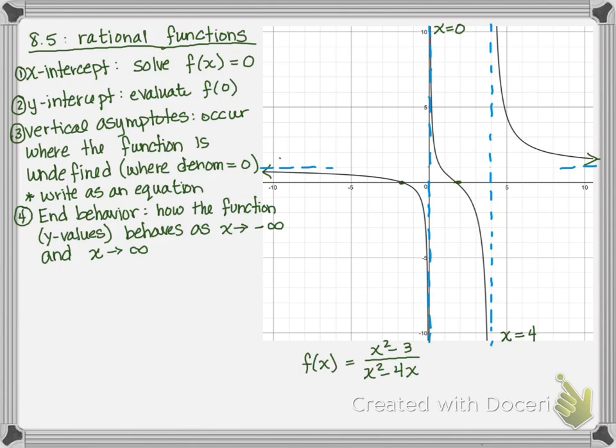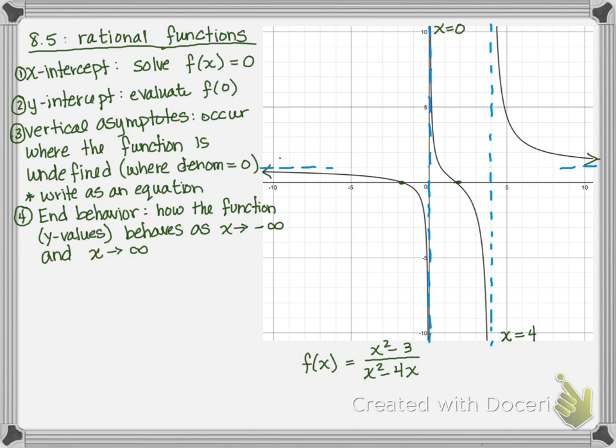And at x equals 0, it goes all the way up to positive infinity. So giving the range doesn't give me an idea of what happens on the ends. If I just told you the range is negative infinity to positive infinity, we wouldn't have any idea that as x gets really, really big, my y values approach 1. So it's a little bit more specific than just the domain and range.